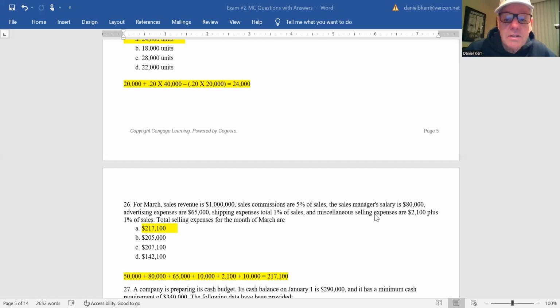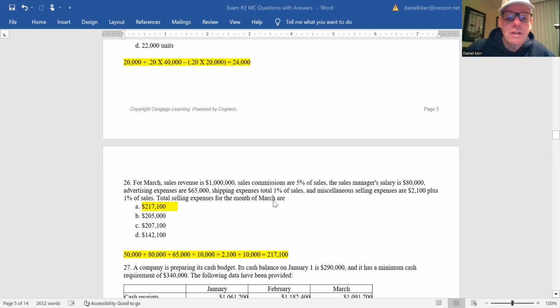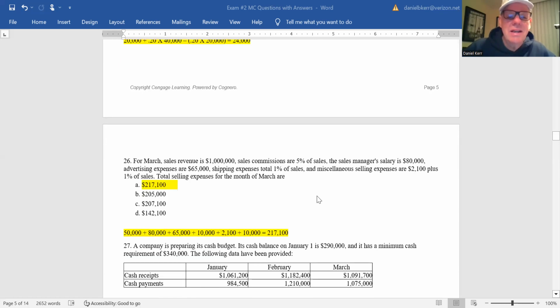Miscellaneous selling expenses are 2,100. So if you add all those things together, you get 217,100. Okay, so basically, to get all the selling expenses, you've got to add those up. Some of them they've given you the numbers, some of them they're expressed as percentages. So the answer there is A.